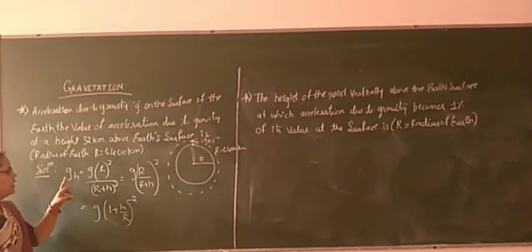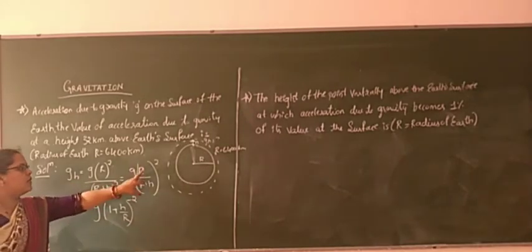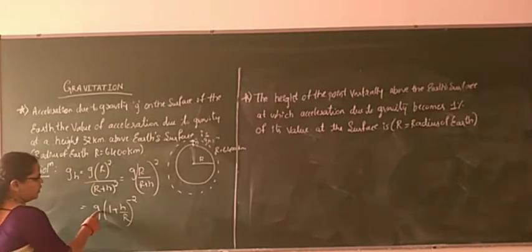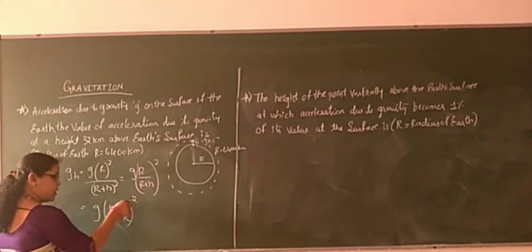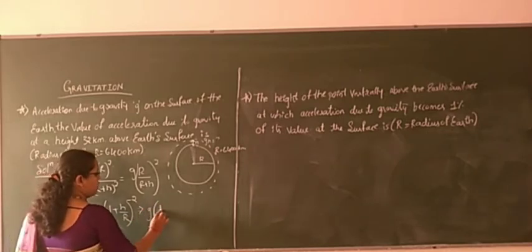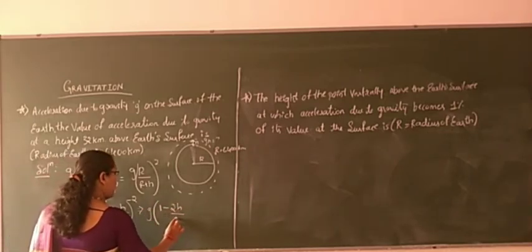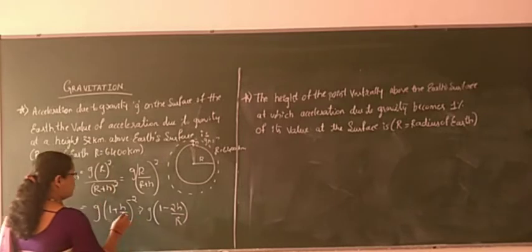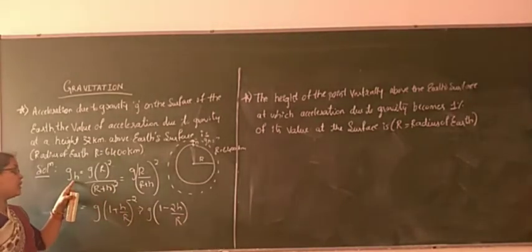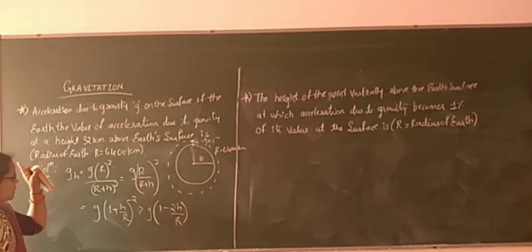We have here GH is equal to GR square divided by R plus H whole square. We can also write it in this form, G of 1 plus H by R raised to minus 2, that can also be written as G of 1 minus 2H by R here. This is due to a small rearrangement in the formula, that is acceleration due to gravity at a certain height from the surface of the earth here.